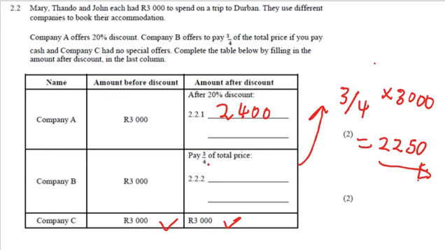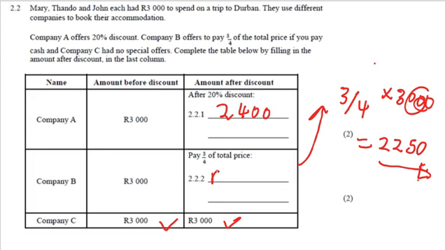So this is not a discount, okay? It's what they will pay. So make sure of that. They said company B offers you to pay 3/4 of the total amount. So 3/4 of the total amount, you can just say 3/4 times 3,000. This is a fraction of 3,000, and it's actually 2,250.